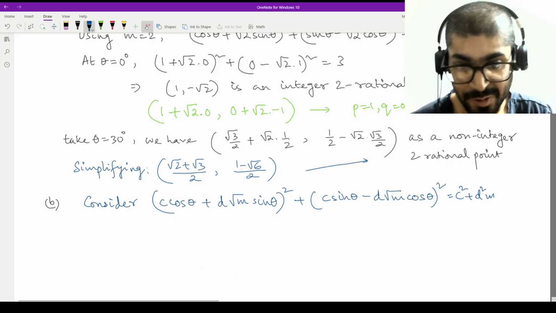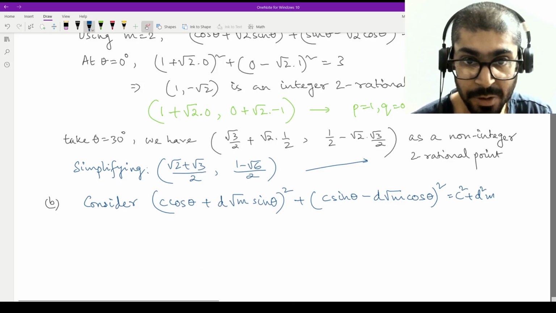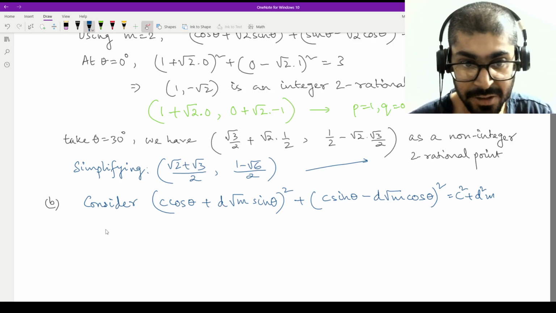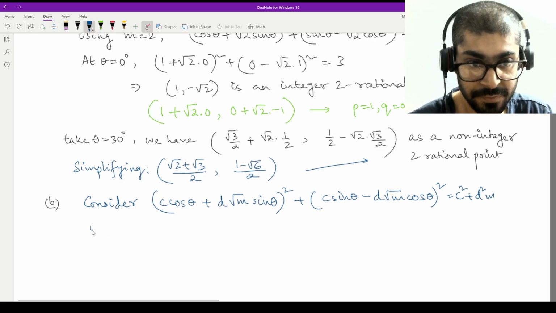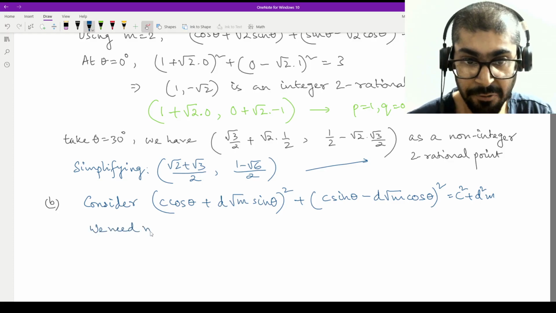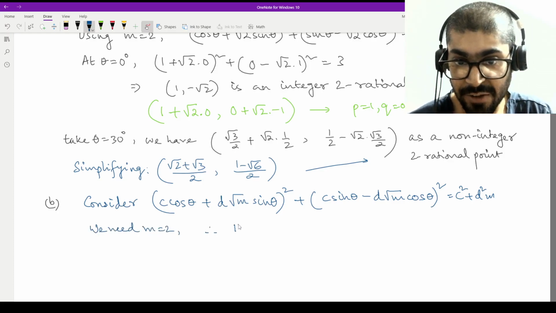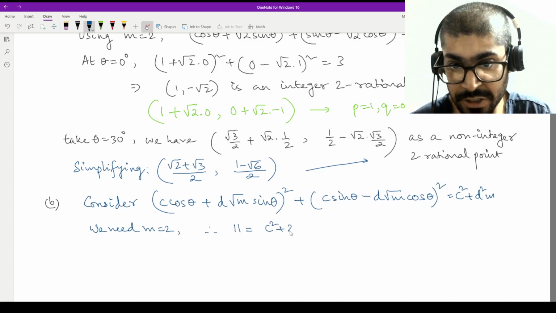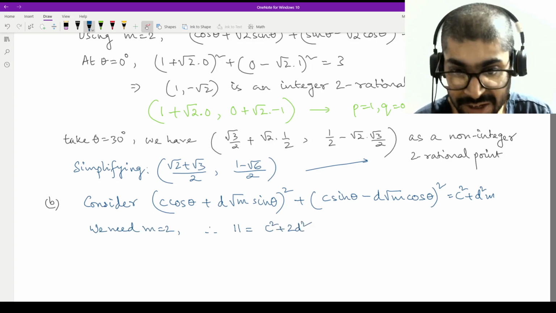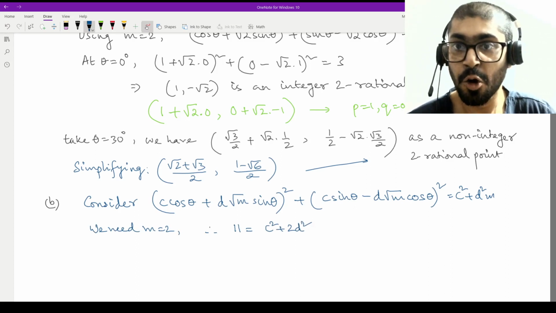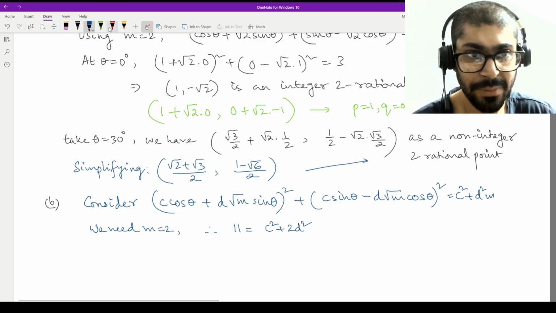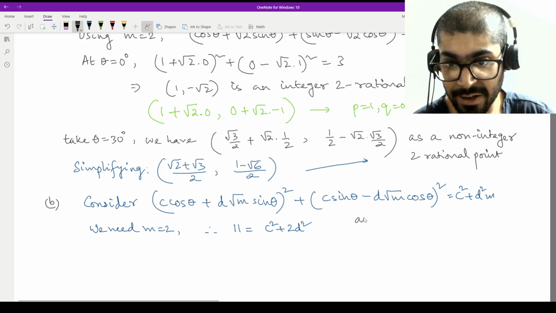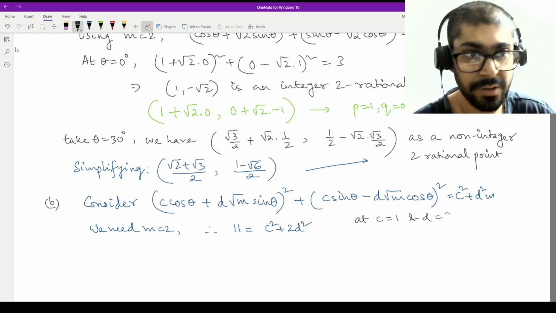Now here is something that you would have to rely on by intuition, because we need m equal to 2. Therefore I have 11 equal to c square plus 2d square. Now here you can just check for which values of c and d you would get 11. If you do a bit of trial and error, at c equal to 1 and d equal to 3, nope.